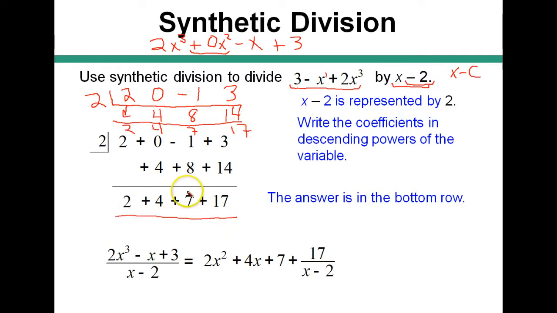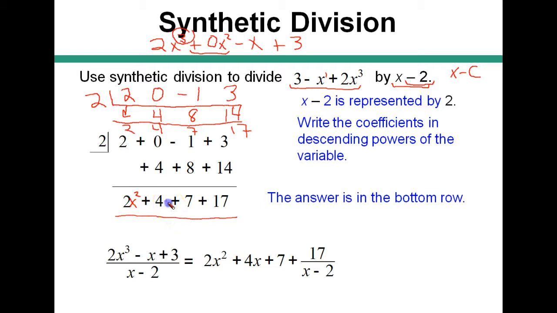Now, the rule is, what was the original degree of your expression? Well, it was the 3rd degree. So what we do is we make this one 1 degree less, and we put x squared there.